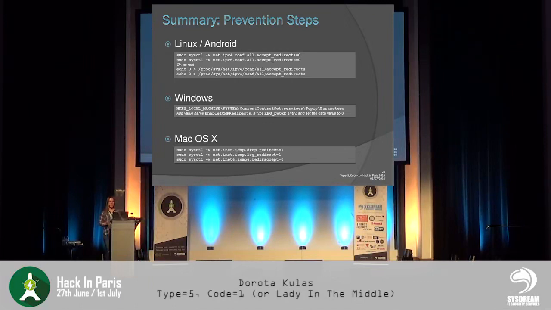Even for a beginner network admin, it's just a headache because they don't know why the route suddenly changed. So you don't need ICMP redirect, just disable it everywhere. If you are a domain admin, then disable it on all hosts. That's it, and then you're safe.